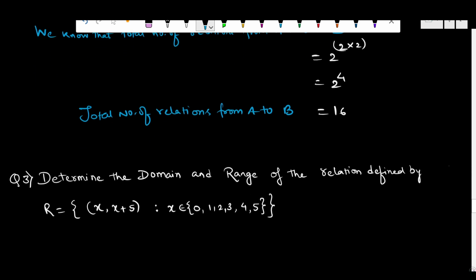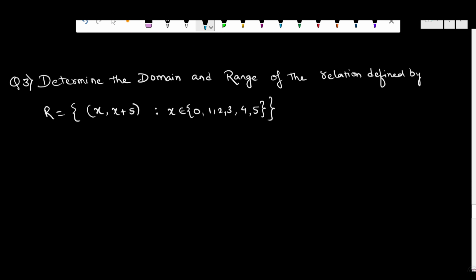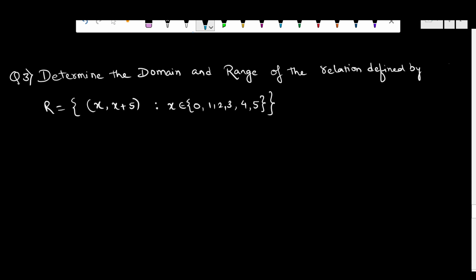Next question. Determine the domain and range defined by R equals the set of all those ordered pairs of the form x comma x plus 5 such that x belongs to this set. We have seen R of this form, right?